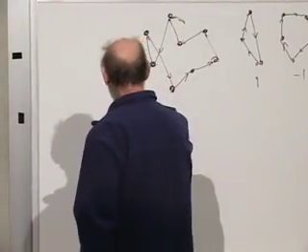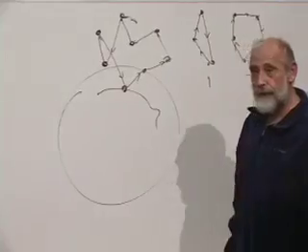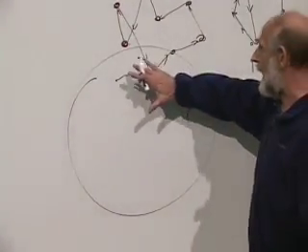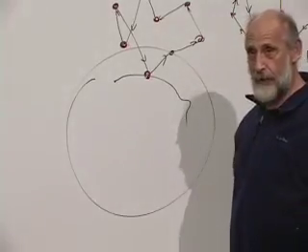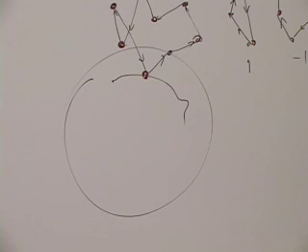Motion on the surface of a sphere, an object moving around on the surface of a sphere, it's not natural in any special sense to introduce rectangular coordinates. You can't introduce rectangular coordinates onto the sphere. You can introduce coordinates, latitude and longitude, but you can't introduce rectangular coordinates.